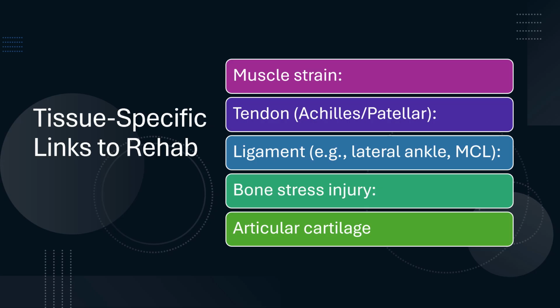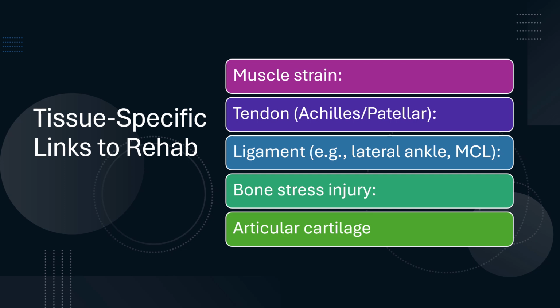Now, I've talked about the different types of tissue healing, but we also have different types of tissue within the human body. How does that link into our rehabilitation programs when we're designing them? So we might have muscles. If we have a muscle strain, we normally avoid early high-load lengthening, and we use pain-releasing exercises such as isometrics.